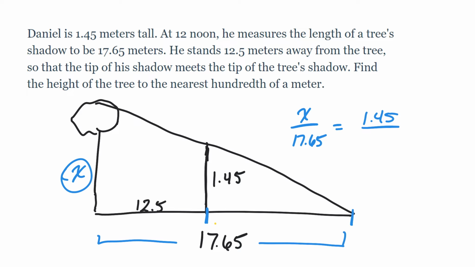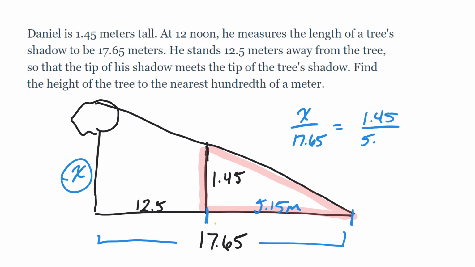Well, the part of the triangle that correlates with this is basically Daniel's shadow. And Daniel's shadow measures 5.15 meters. We know this because we subtracted 17.65 minus 12.5.